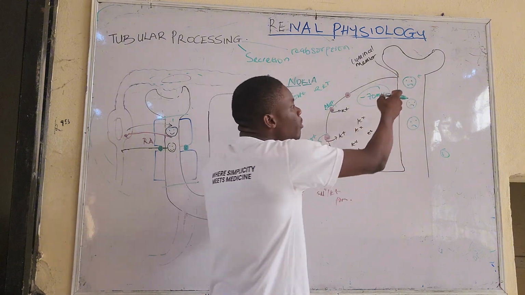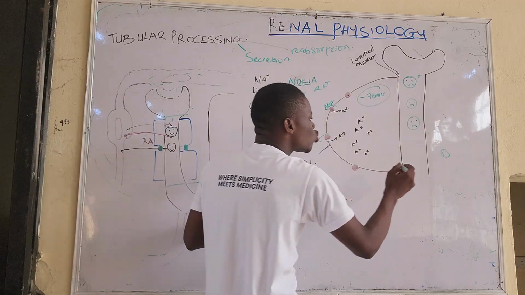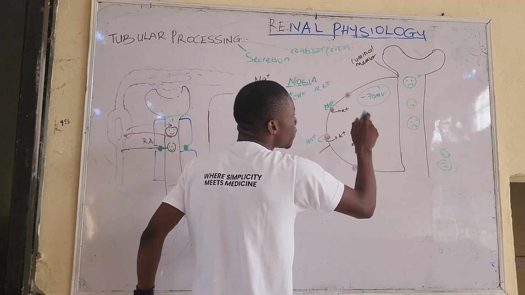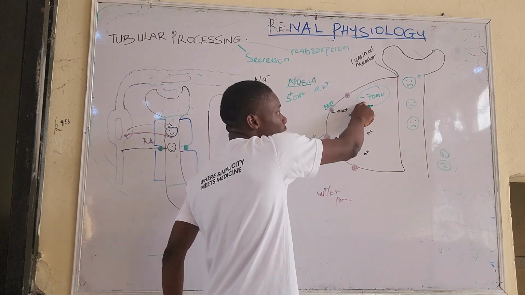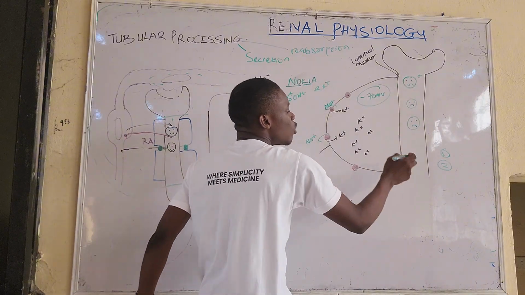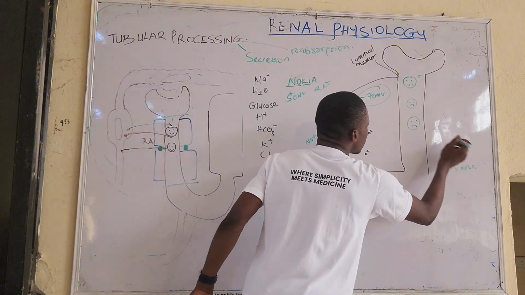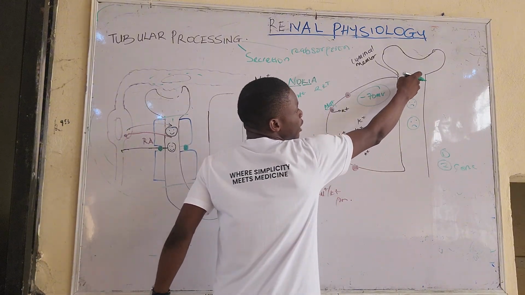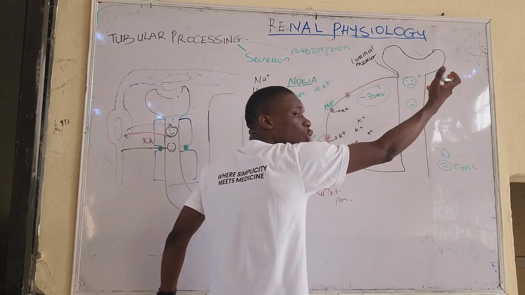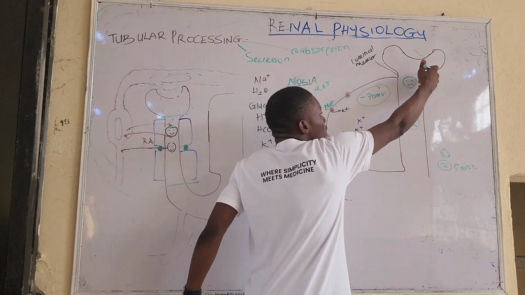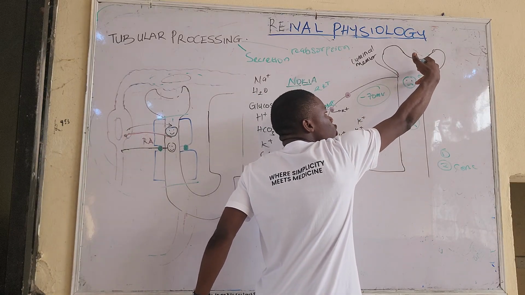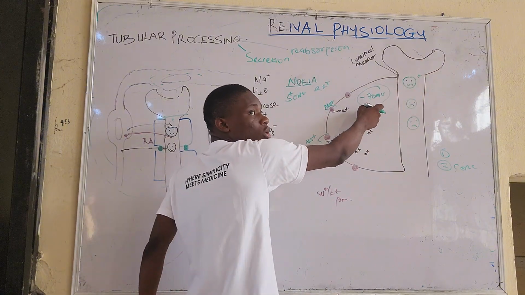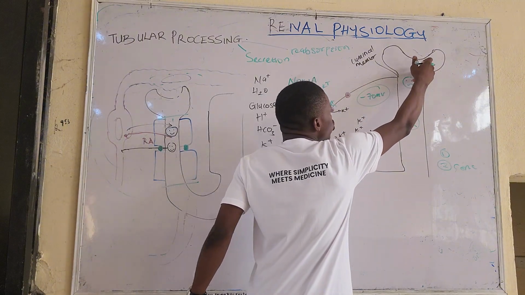That means sodium reabsorption is favored by two mechanisms. Number one is the electrical gradient, positive negative. Number two is the concentration gradient. There's less sodium here, there's plenty sodium here. So based on osmosis and diffusion, sodium wants to move from a region of high concentration to a region of low concentration. So the sodium wants to move.